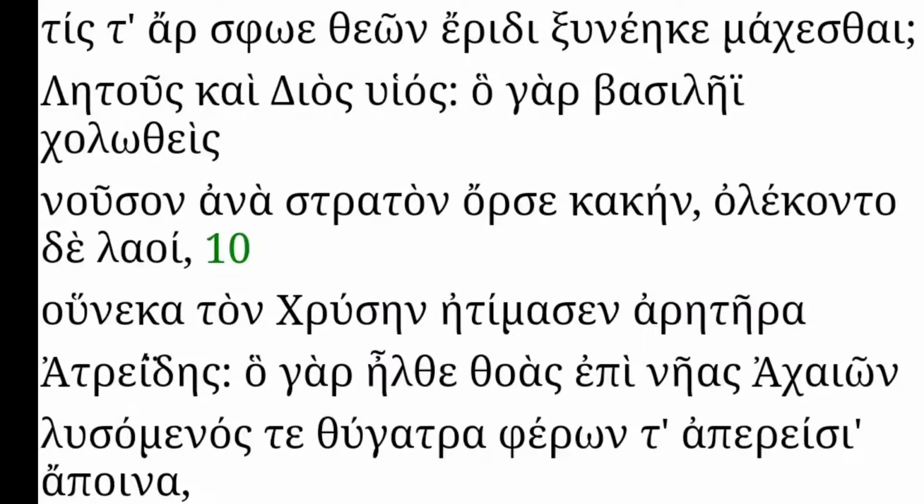Tis tar sphoe theon eridi xuneeke machesthai. Who, and just as in the prose videos I made last semester and posted on YouTube, so here in verse, we should look around for a nominative if we wish to demystify the syntax of a given sentence.